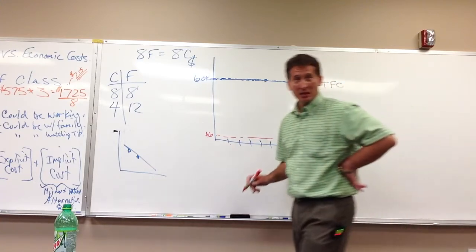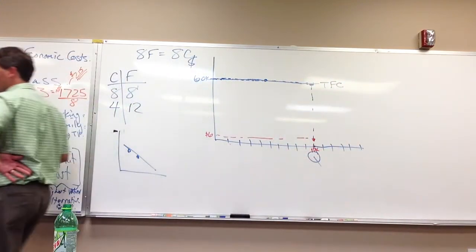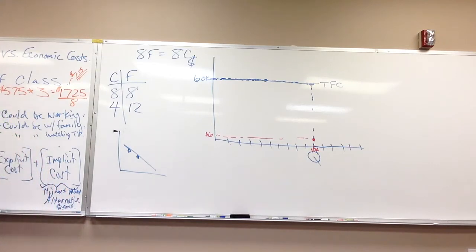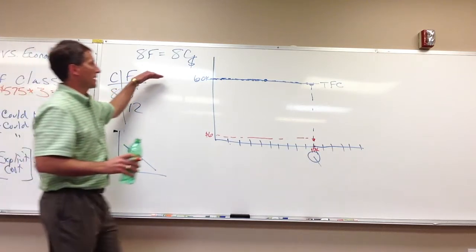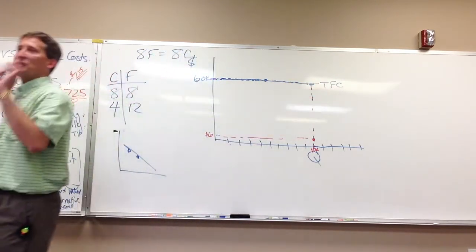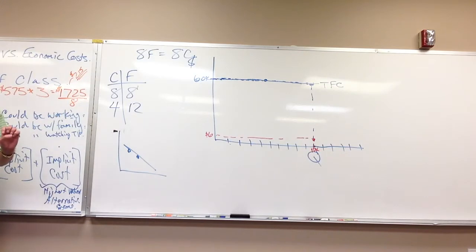What does the rest of it look like? We did total fixed cost, which was a flat line. I'm graphing the average fixed cost function. What would that line or that relationship look like?